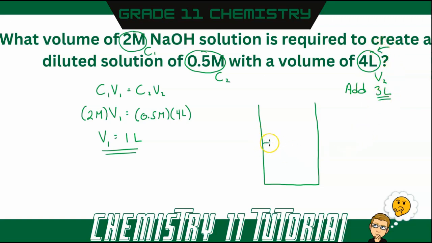So we can put in, say, 3 liters of water, and then we can add our original concentration to it to bring that to 4 liters. So adding that 1 liter. And that'll give us our 4 liter concentration of 0.5 molar sodium hydroxide solution. And that's it. Step 2 and final step complete.